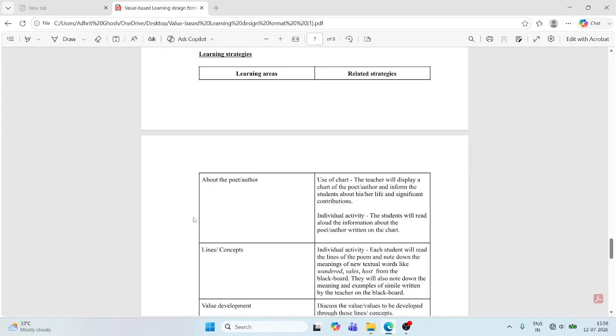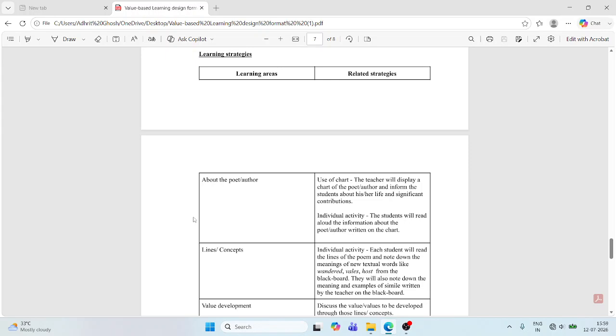But where we can incorporate value development, for example, if in a lesson you are teaching in history, if there is a particular action that you are seeing, like certain kings secretly making a coup against a particular ruler, or that caused some kind of an invasion, or they were traitors.